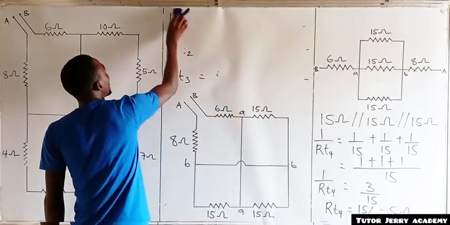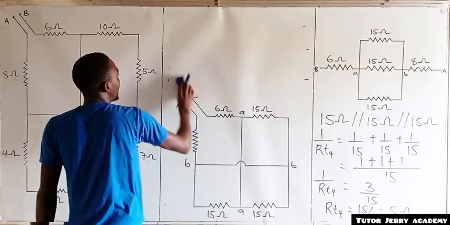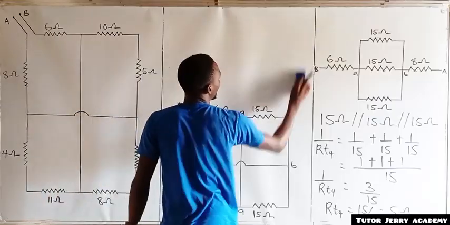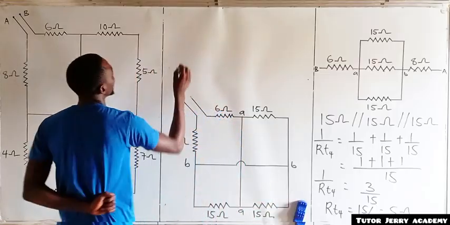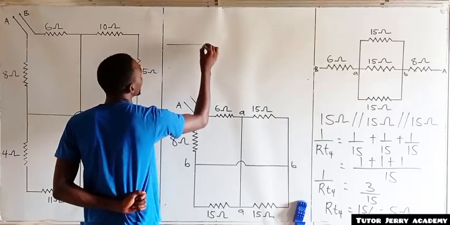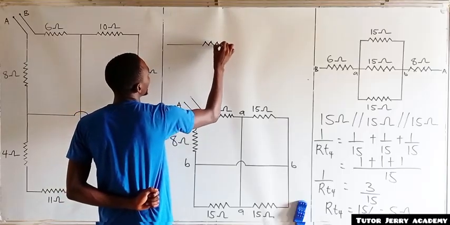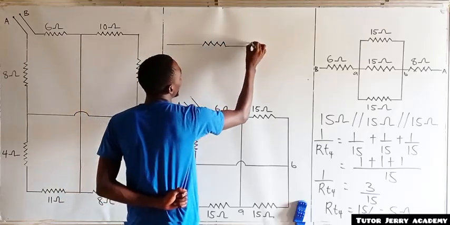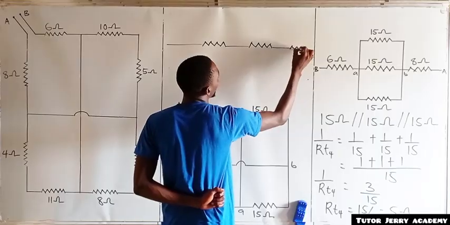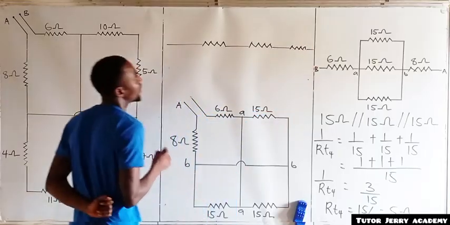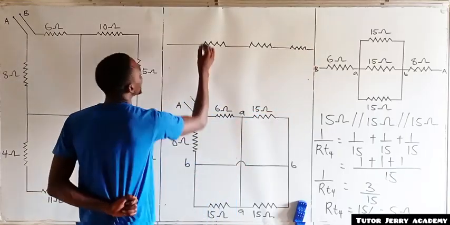So if we redraw the circuit now, we are going to have something like this. All right, something like this. So here we have 6 ohms.